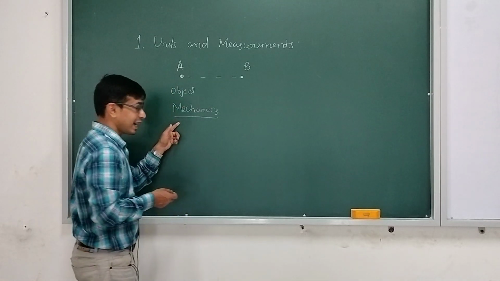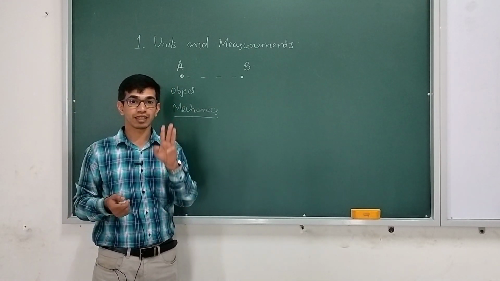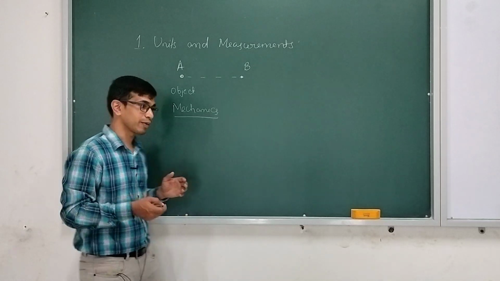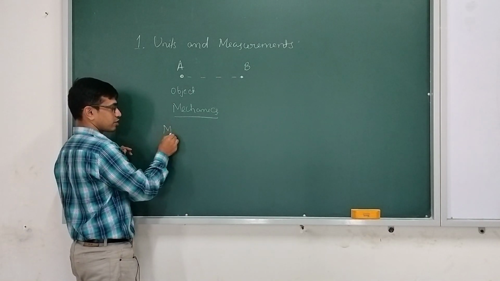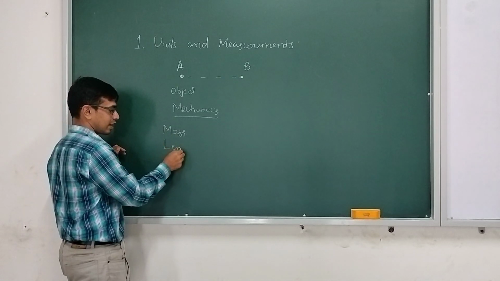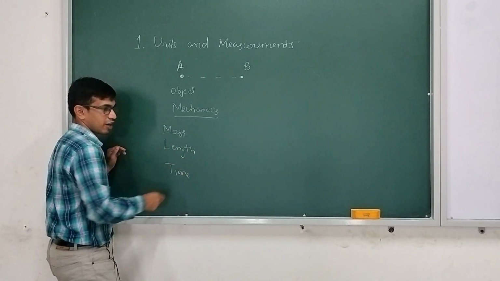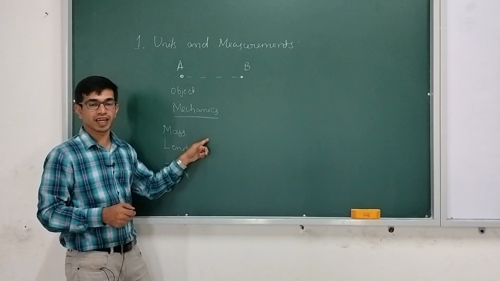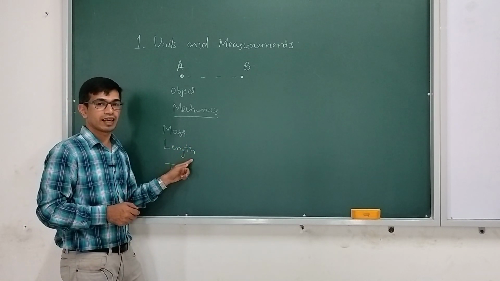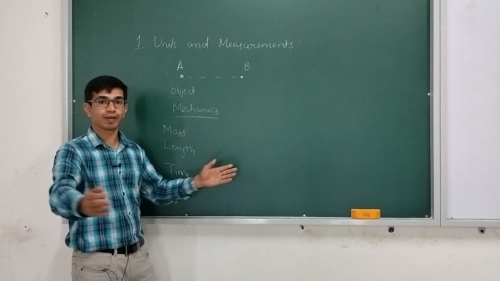In mechanics we have three important physical quantities. The main physical quantities, let us assume, are mass, length and one more called time. We said 10 kg, 20 kg, 30 kg like that. 1 kilometer, 2 kilometers, 3 kilometers, the concept of length.